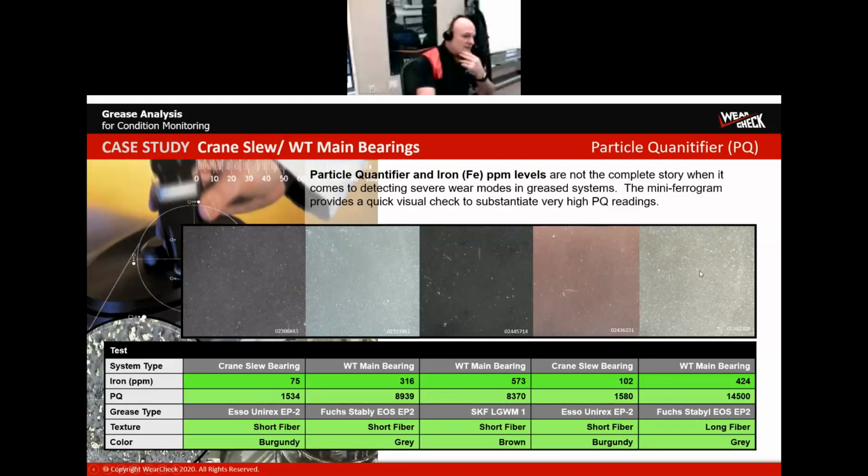So in this case, this is just very typical for this type of application. So when you start to put the wear particle concentration together with a spectroscopic analysis and with some sort of visual analysis like this mini ferrogram, you get a better indication of what's happening in the grease.